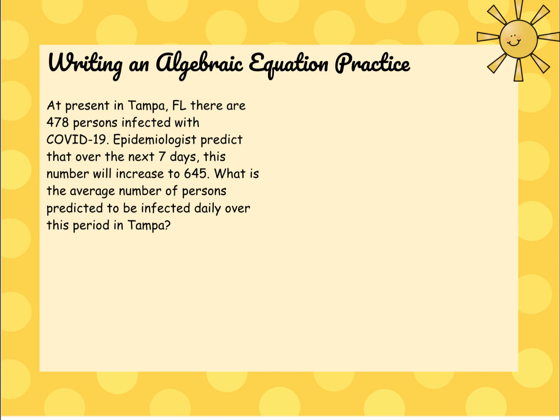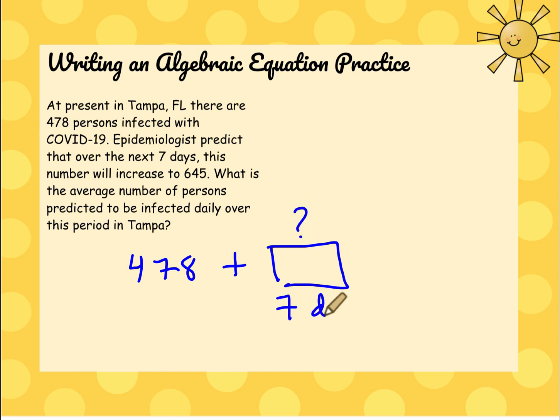So right now we have 478. It's going to increase, which means it's going to go up by some mystery number, and it's going to take place over 7 days. It's going to happen, and then it's going to eventually get to this. So that means we're trying to figure out the average number, which means it's going to be the same every single day. 2, 3, 4, 5, 6, 7.